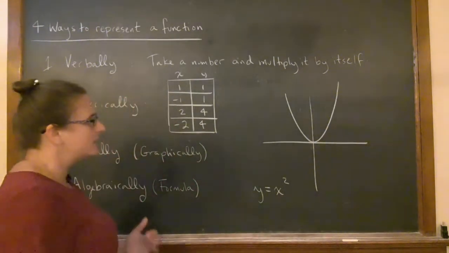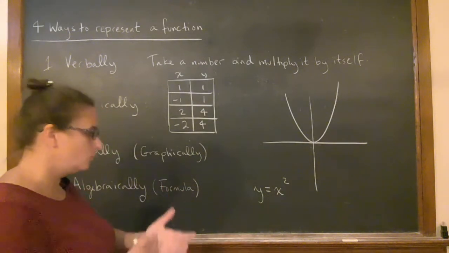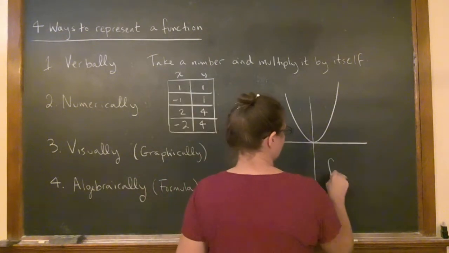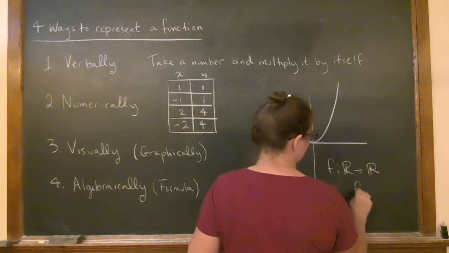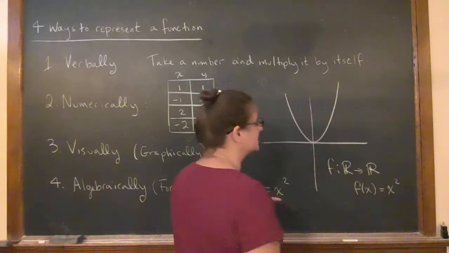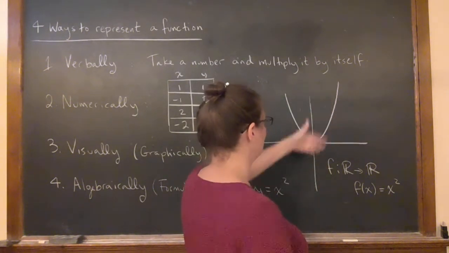But really, the best way to be precise is by using the notations from before. So if this is really what I want, then I can write f from R to R and f of x equals x squared. So now this is precise. I know I want this one. I know I don't want only 1/2 or another half or just some points.